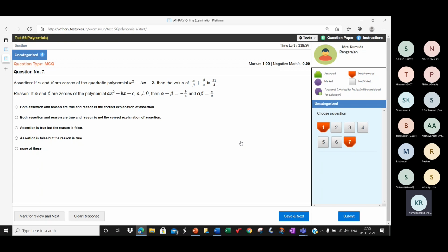Work and tell me. How do you find the value of alpha square plus beta square?